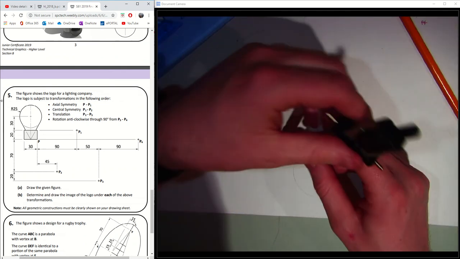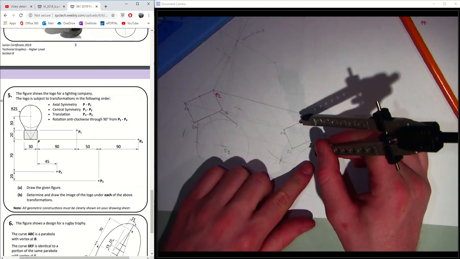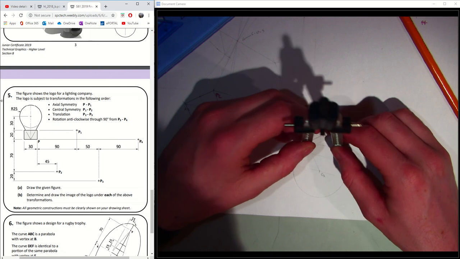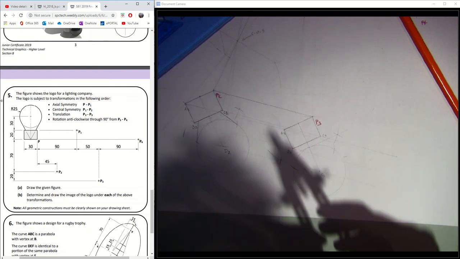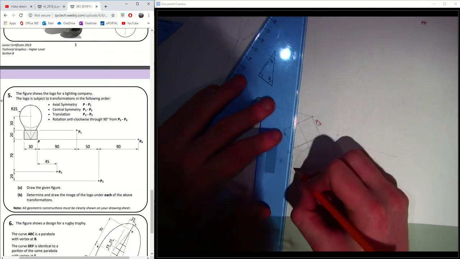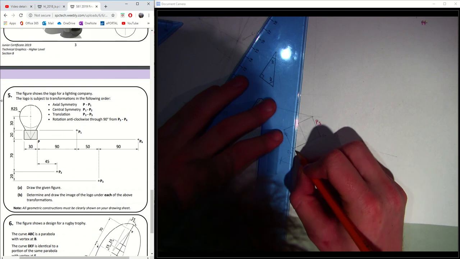I want to create 2 semicircles, the radius of the line I bisected. Okay, so I'm just going to mark them off rather than draw them in. Because I know where those semicircles intersect my other circle, that's going to give me a point of contact. So I'm coming from this point to here, I'm drawing it in.